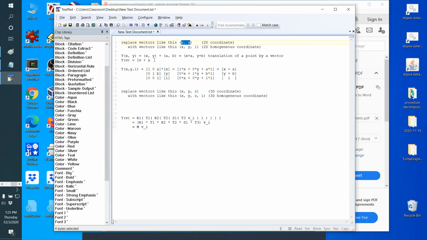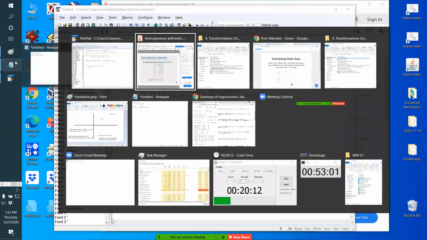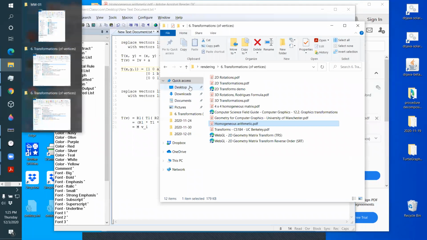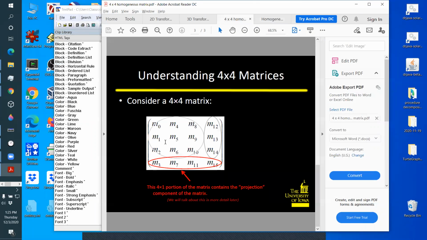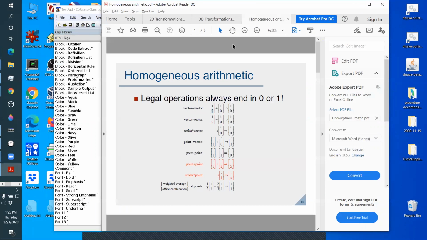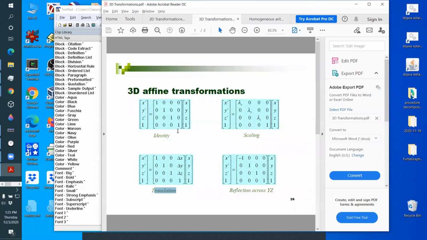Notice the columns of this matrix. Look at this first column. It's easier to look at this other picture. Look at that column.